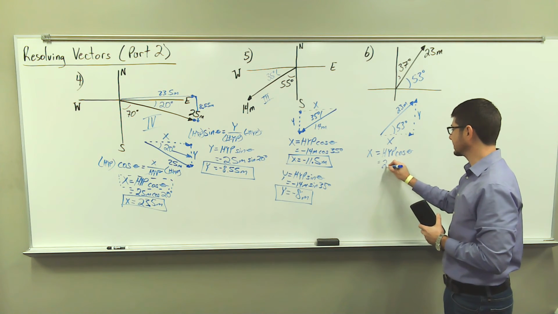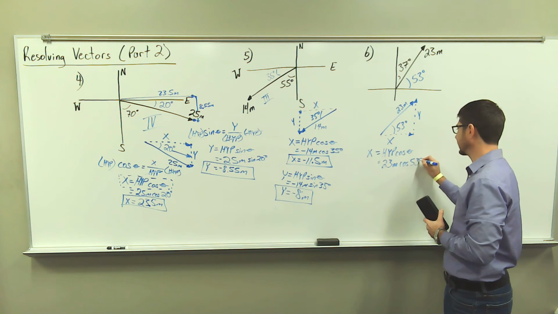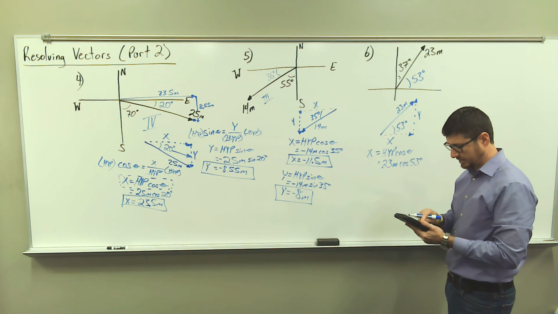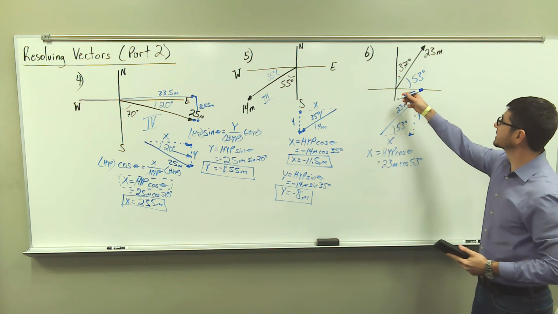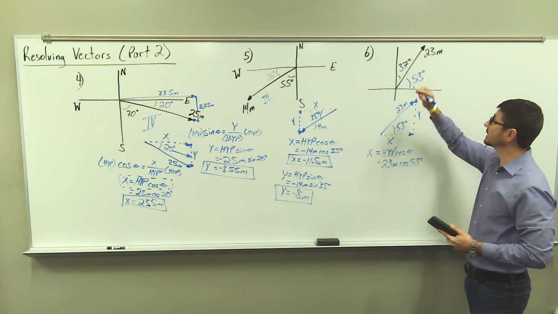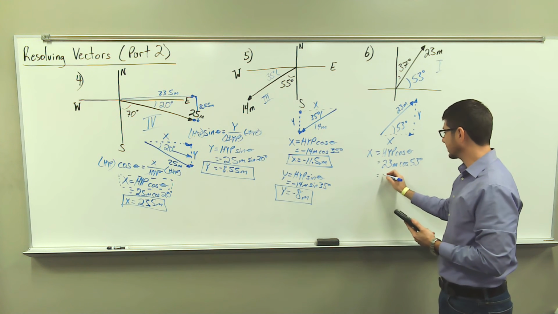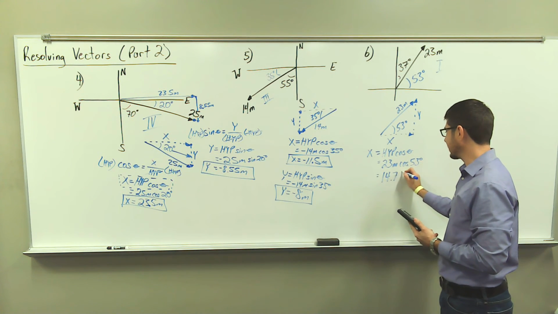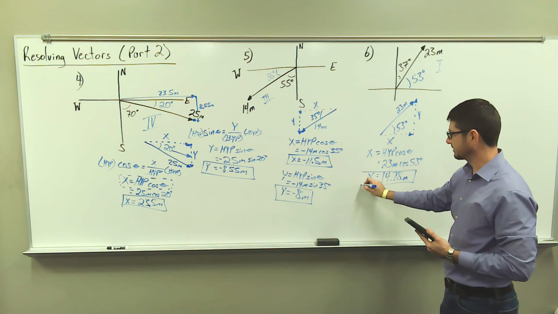So we have 23 meters times cosine 53 degrees. It's positive because we're moving in a positive x direction. Right here we are in quadrant number 1. So this is going to be 14.78 meters, and this is positive.